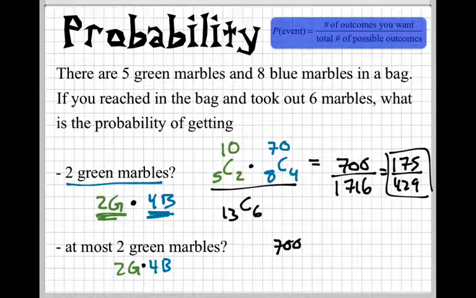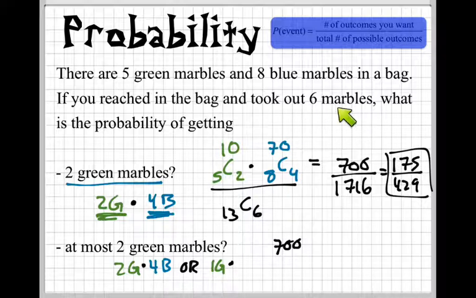But then there's another outcome. Because it says at most, we can also get "or." Well, there's an implied "or." It doesn't even say "or" in here, but we know now we have an "or," because you can get 2 green or you can get 1 green, right? Because it says at most 2 green, so we can get 1 green, and then we would have to multiply that by the number of ways we would get blue. Now, if we're choosing 1 green, how many blues are we going to get?